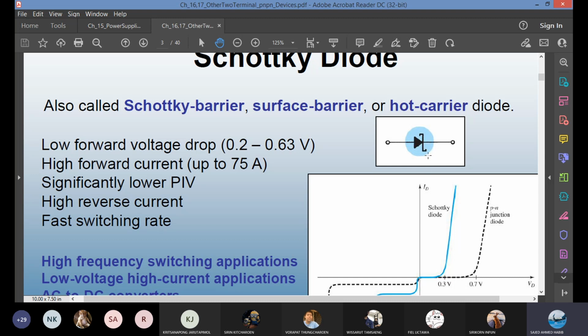It looks somewhat like a Zener, but it's not exactly that. This is the symbol for the Schottky diode. In the earlier days, the application of the Schottky diode was limited to ultra high frequency applications because it has a very quick switching time.